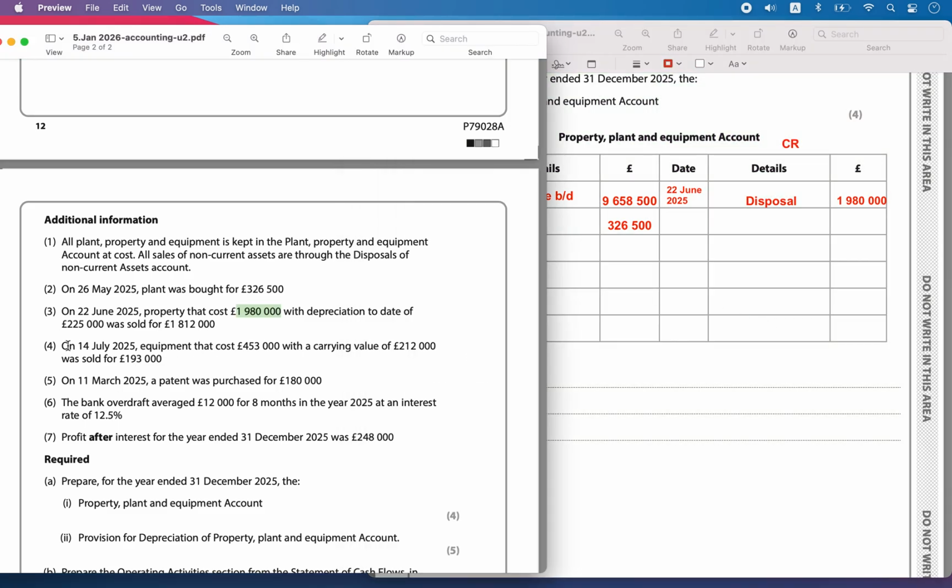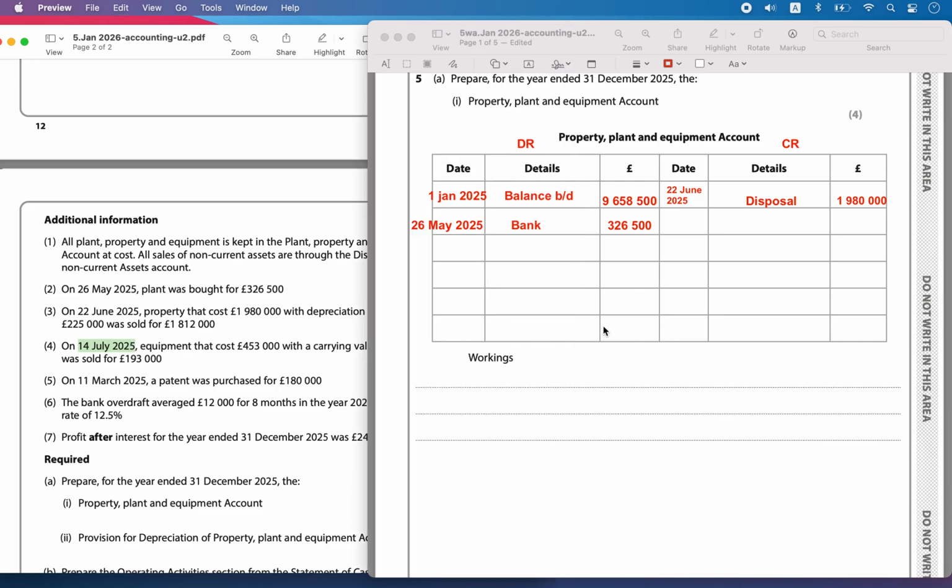Then it says that on 14th July 2025, equipment that cost 453,000 with a carrying value of 212,000 was sold for 193,000 pounds. So this is another disposal, and it is going to go into the disposal account.